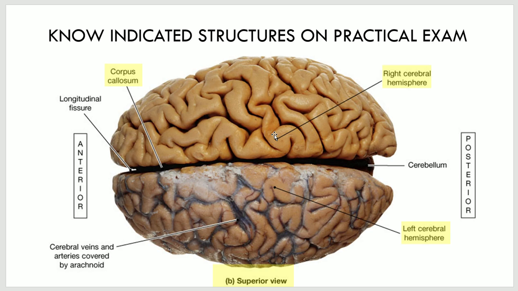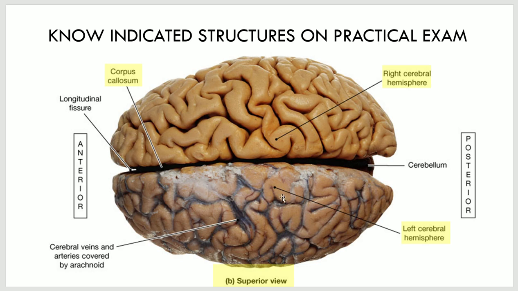Why do they look different in this image? So for this image, on this side of the brain, the right side of the brain, as a learning tool, they have removed the arachnoid mater, the middle layer of the meninges, so you can see the grooves more clearly.